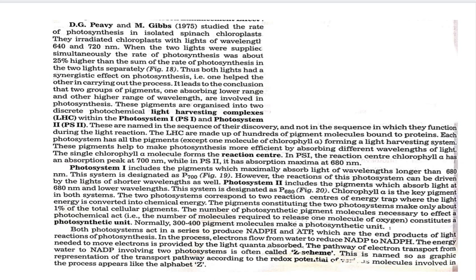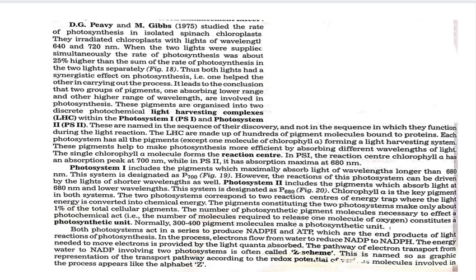In photosystem 1, the reaction center chlorophyll a has an absorption peak at 700 nm, whereas in photosystem 2, it has the absorption maximum at 680 nm. So, two photosystems are involved, photosystem 1 and 2. Photosystem 1 includes pigments which maximally absorb light of wavelength longer than 680 nm.